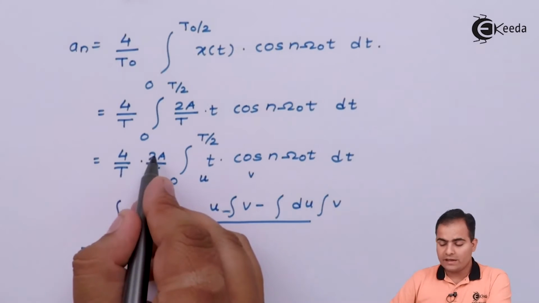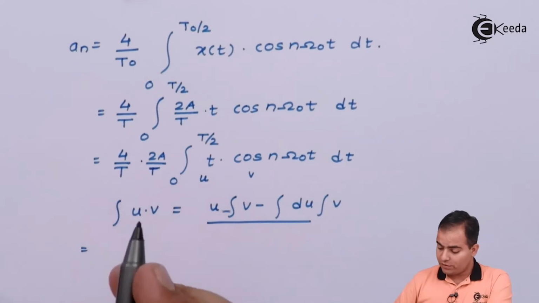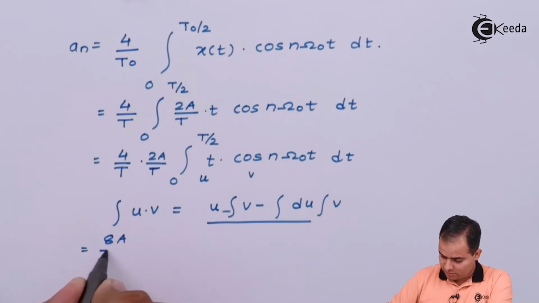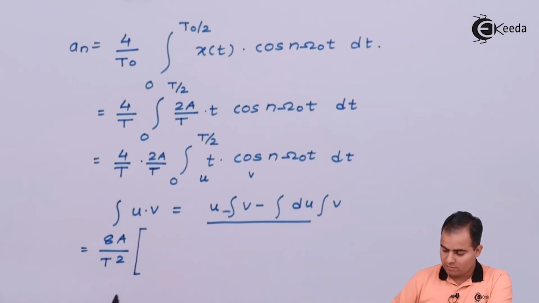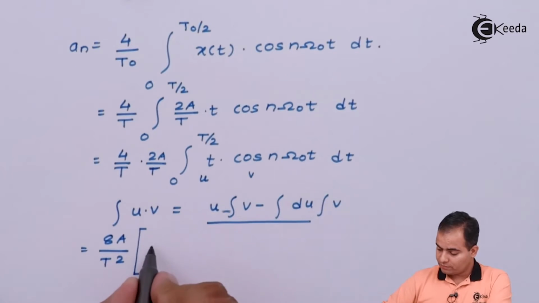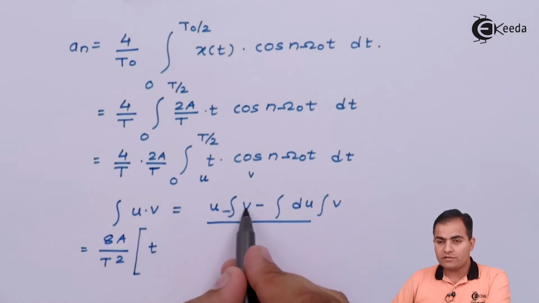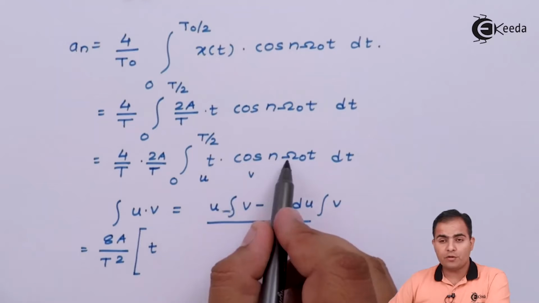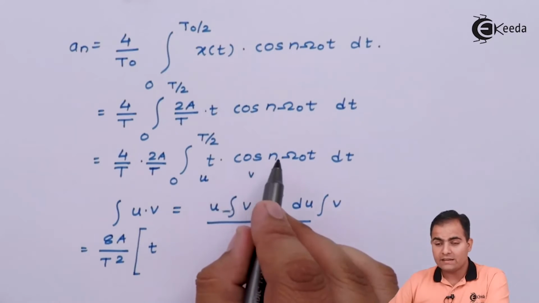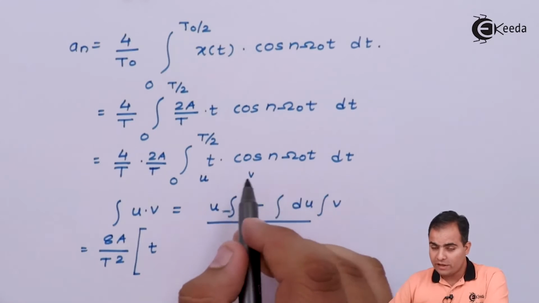So 4 2s are 8, and t into t is t square. So we'll write t into integration of v, that is integration of cos of n omega naught t, which is always sine n omega naught t upon n omega naught.